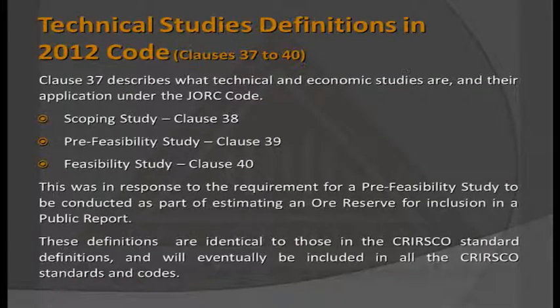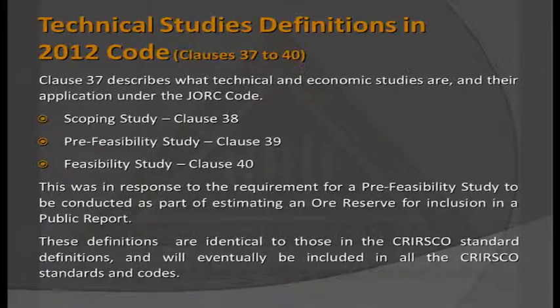Okay, in 2012, there are actual definitions in the code, and these are definitions of different study levels. So this pulls it in line with CRIRSCO. A scoping study is an order of magnitude study, but cannot be used for ore reserve estimation. A pre-feasibility study has looked at a range of possible options for mining, and can be used for ore reserve estimation.